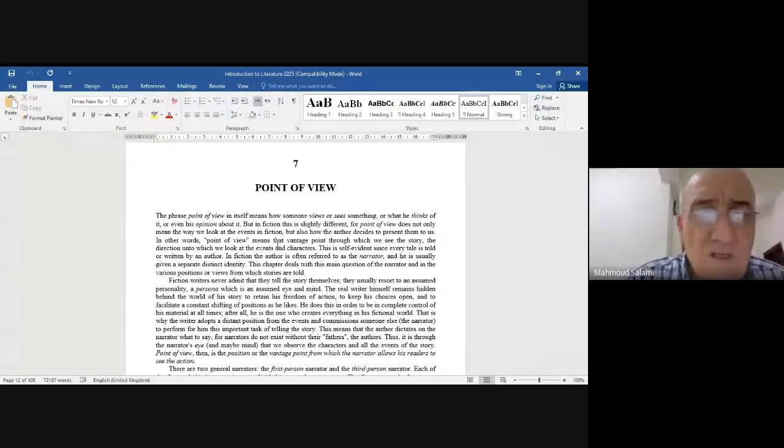So in fiction, the author is referred to as the narrator, and he is usually given a separate, distinct identity. And this chapter here deals with this main question of the narrator and how stories are told. Now, what I'm saying here is, because in fiction we see the text maybe through the narrator's, and of course the author's, eye.